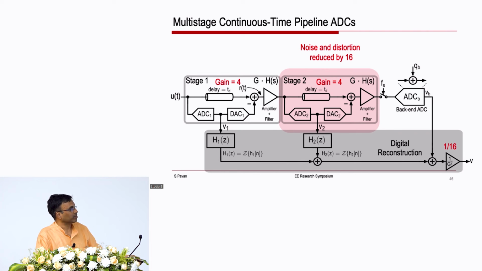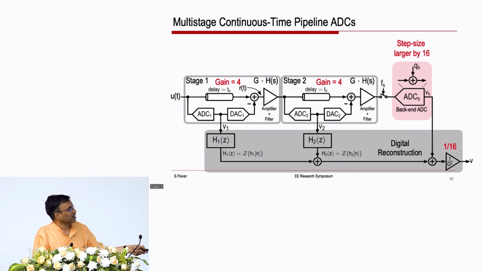For example, if noise is being produced here, that gets attenuated by a factor of 16, but there is a gain of 4. So, noise power wise you get a factor of 16 advantage, and because this is 1/16 here, the quantization noise added by the back-end ADC also gets reduced by a factor of 16, and consequently you can use a much poorer ADC at the back end.